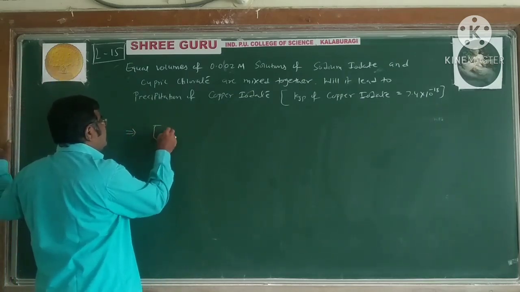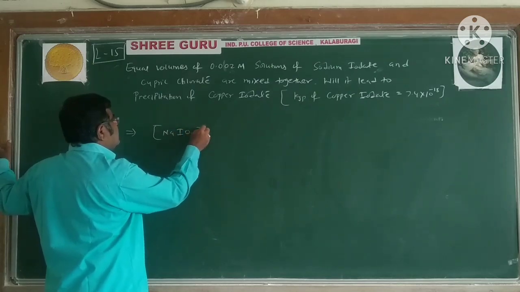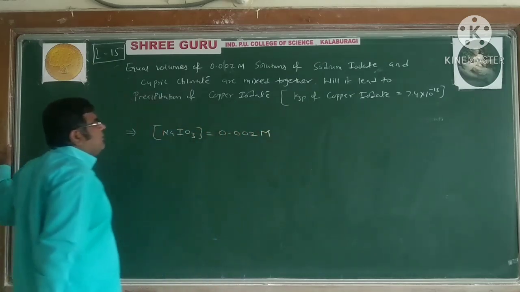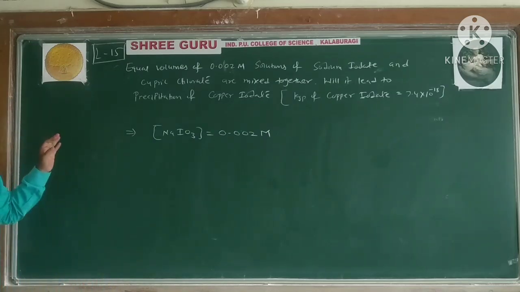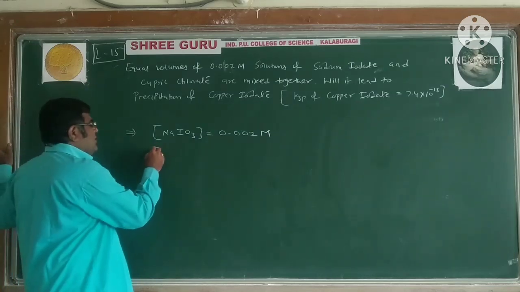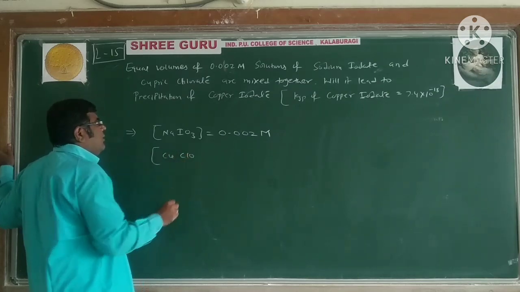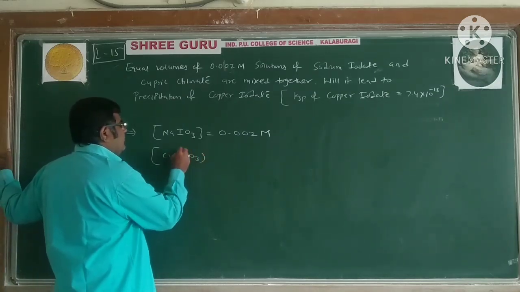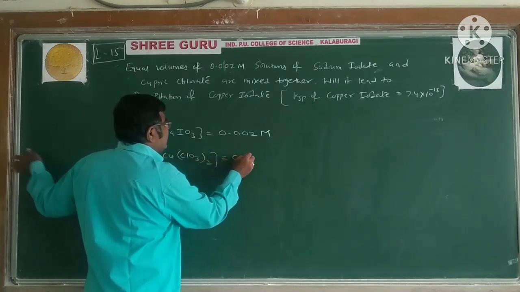Concentration of sodium iodate is 0.002 molar. Concentration of copper chlorate is also same.